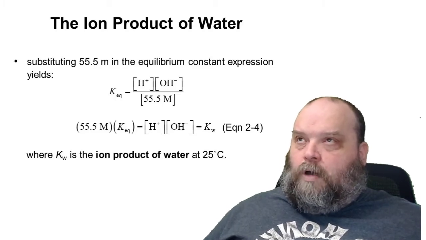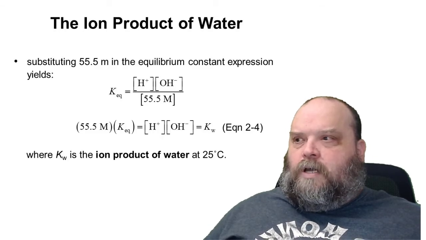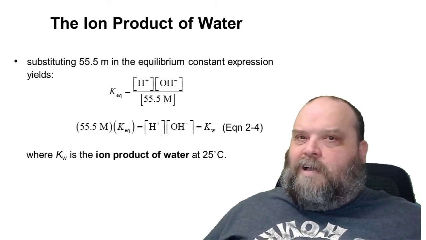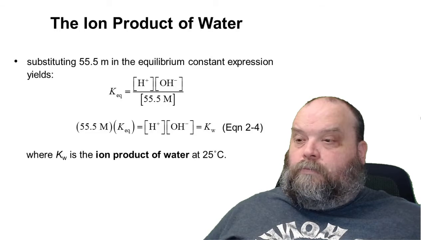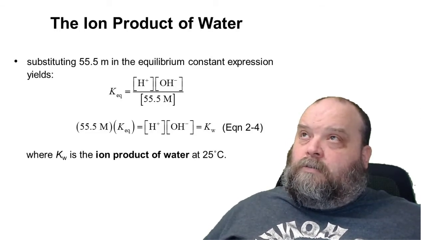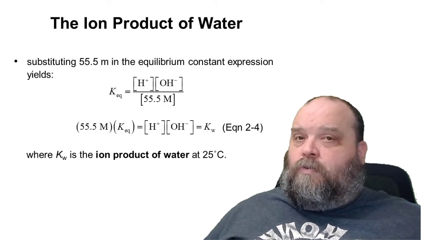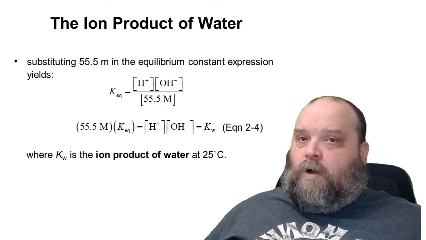That's the concentration of water. But what's the concentration of hydroxide and hydrogen ions? It's not going to be the same. So let's figure this out. The production of how much of the water in a given volume becomes ions. This is what's referred to as Kw, the constant, the ion product of water.